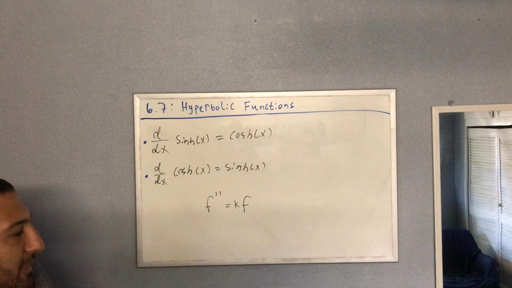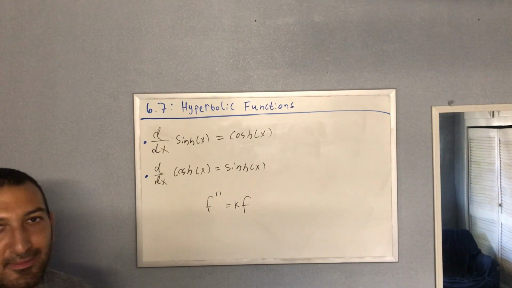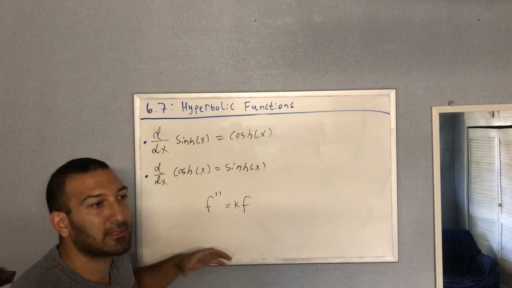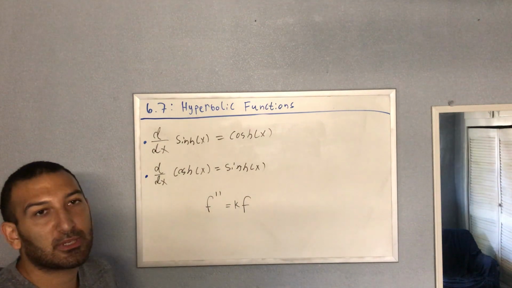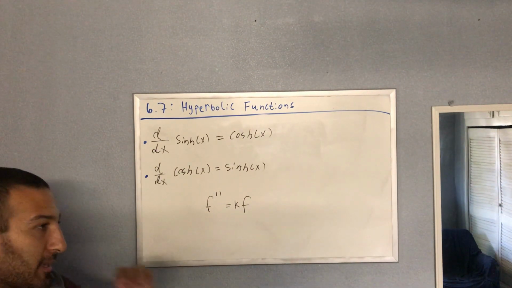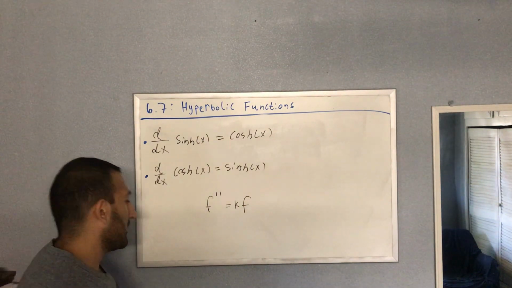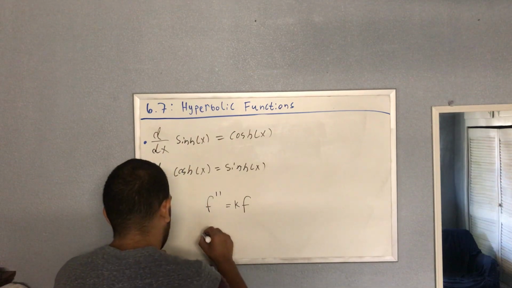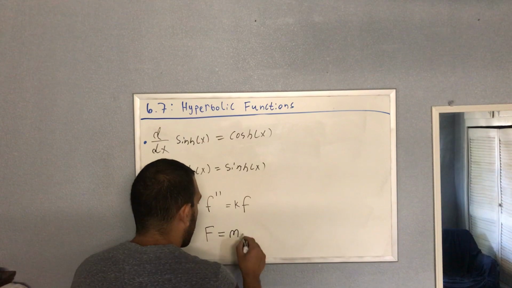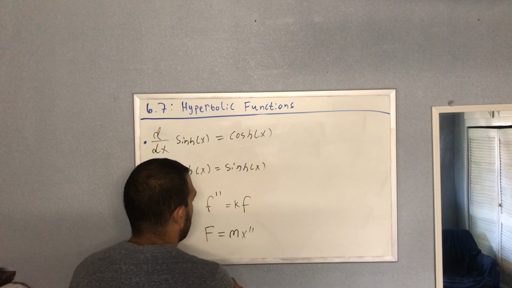And you may think that this is a very artificial type of scenario, but actually almost literally every equation in your introductory physics class and many other physics courses are in this form, because Newton's second law says that force is equal to mass times acceleration, but remember, acceleration was a second derivative.